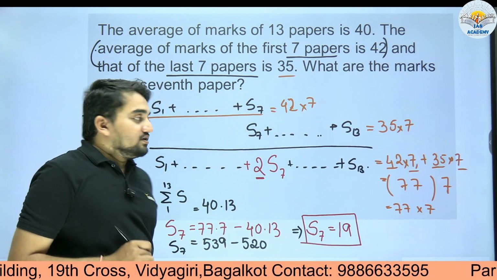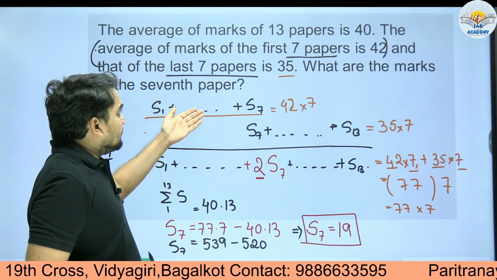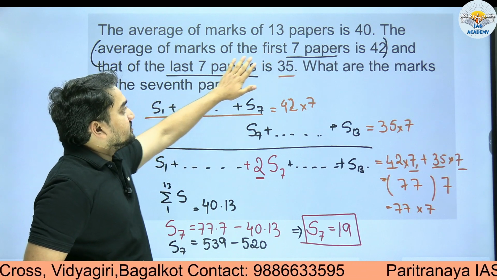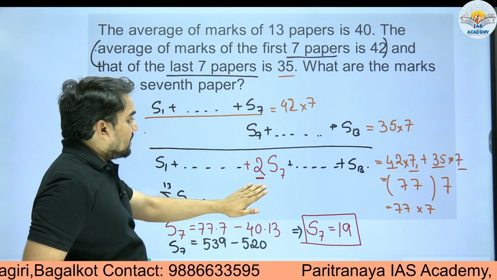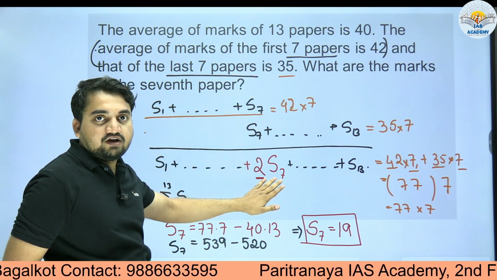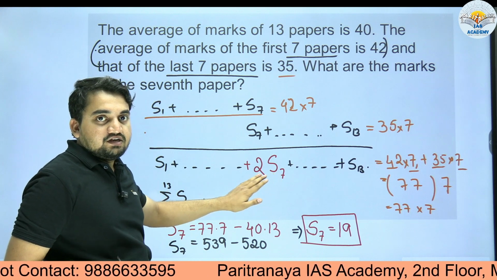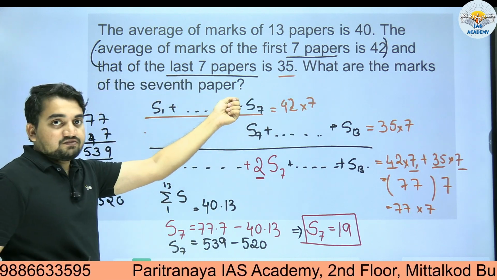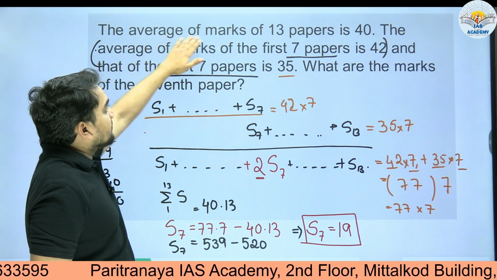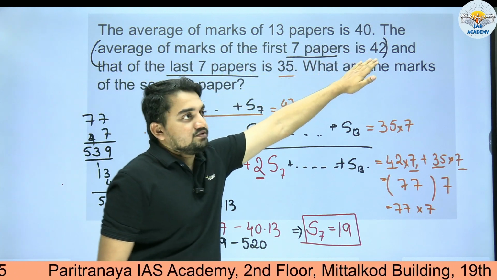Understood what we did? Firstly, we added the two sums of observations from the first average and the second average. At that time we observed that we are getting S7 twice. Luckily they are asking for the marks of the 7th paper itself, and they have given the average marks of 13 papers as 40.